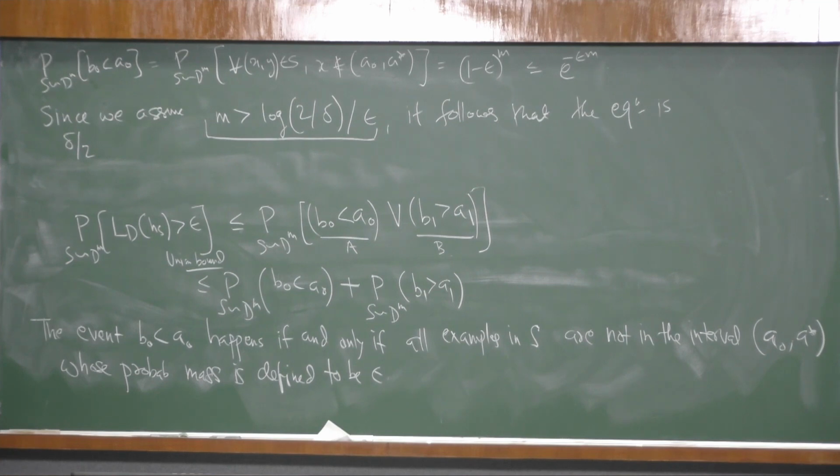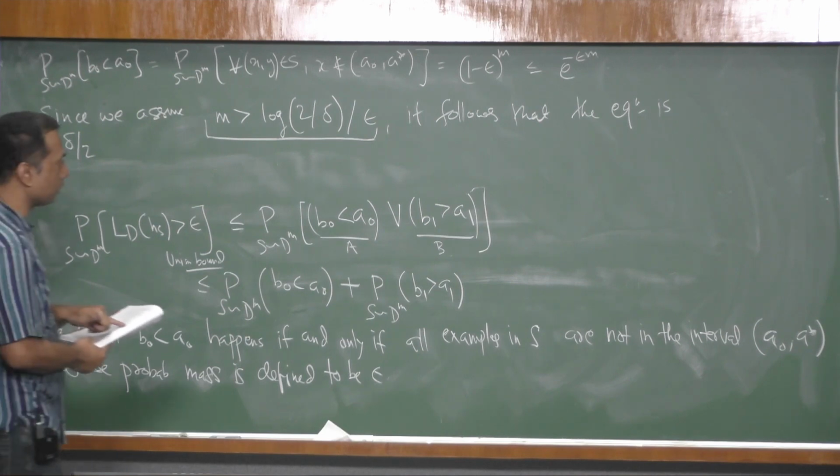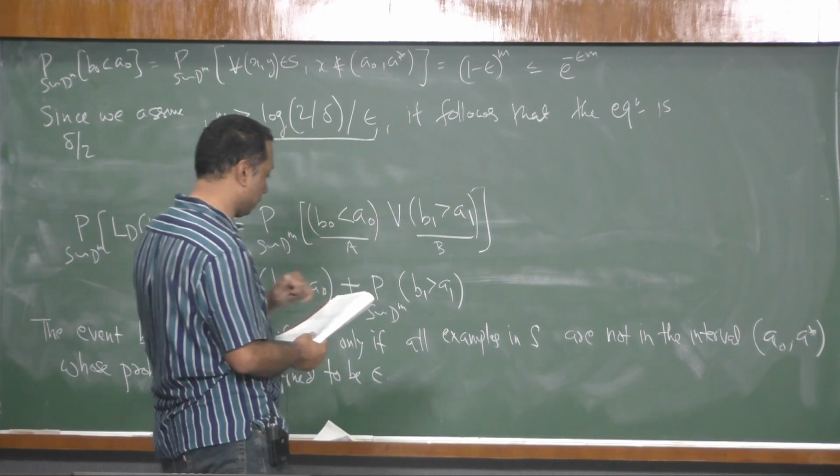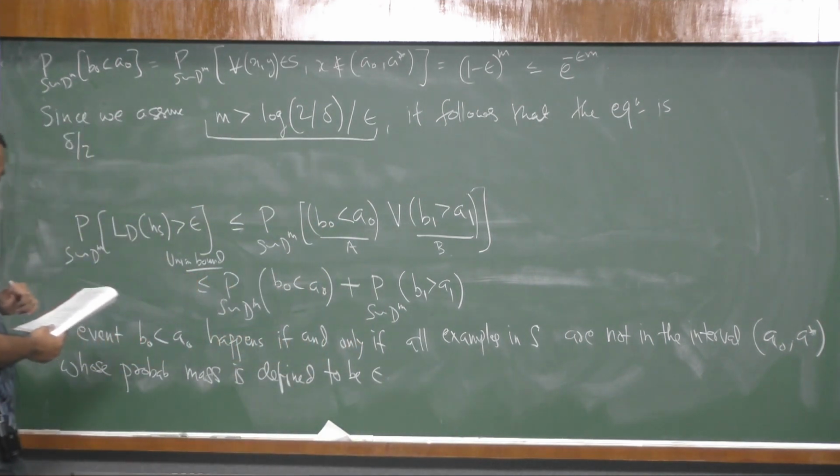So if you remember, P implies Q was for this sample complexity, right? The left-hand side less than epsilon is when b naught is greater than a naught, P1 less than A1 for all m less than the log thing.